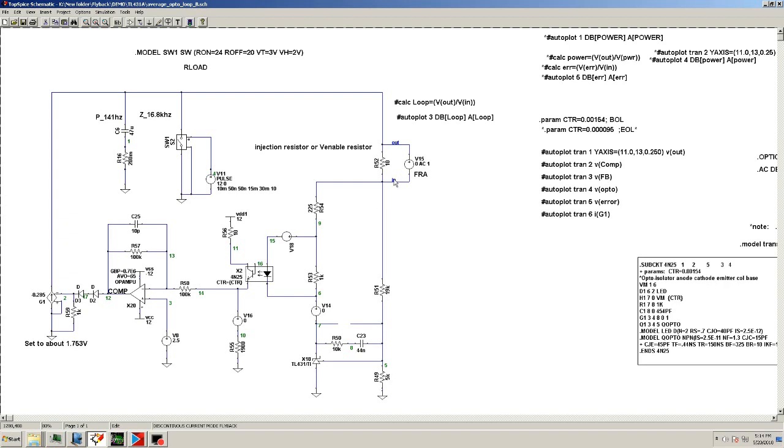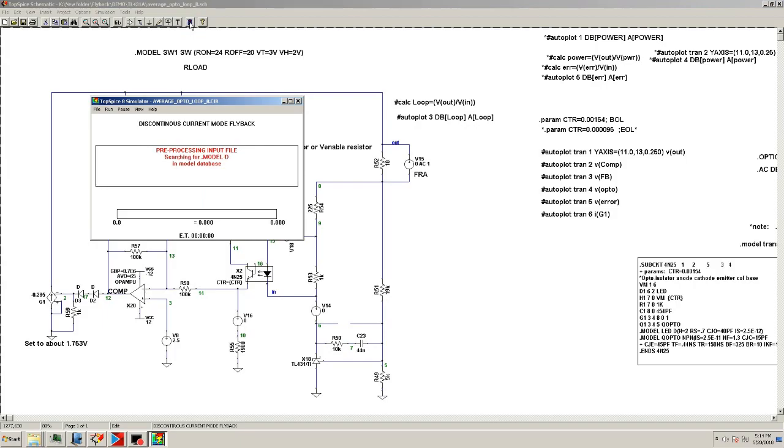So in this case, we move this to this right there. That would be the cathode of the LED. So if you put the input in here and leave the output here, you should get that result, hopefully.